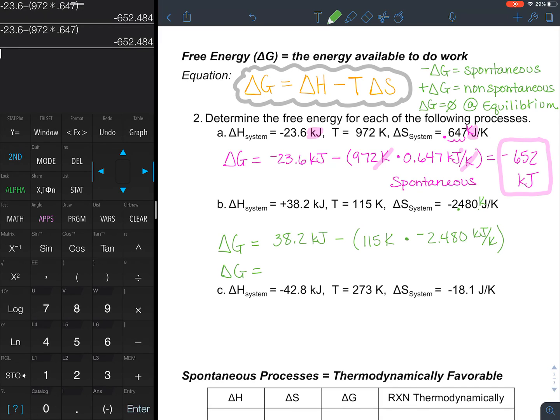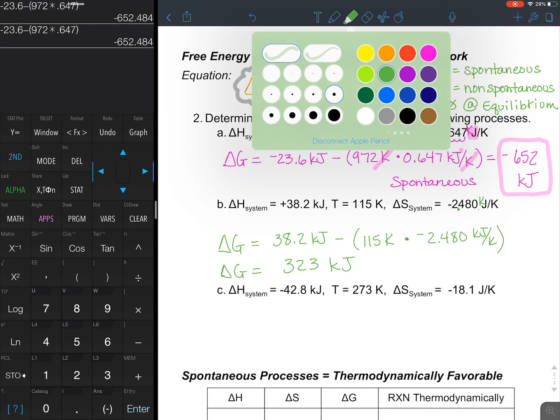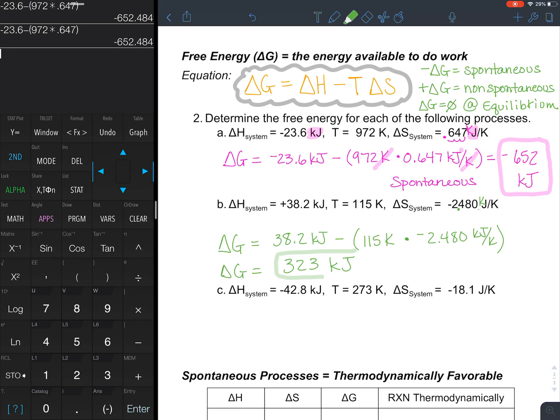And I went ahead and did that earlier. Hopefully I have those right. So 323 kilojoules. And this process then is a positive value, and that makes this non-spontaneous.